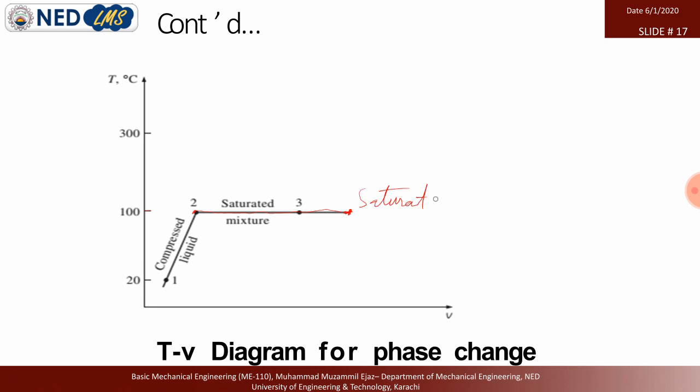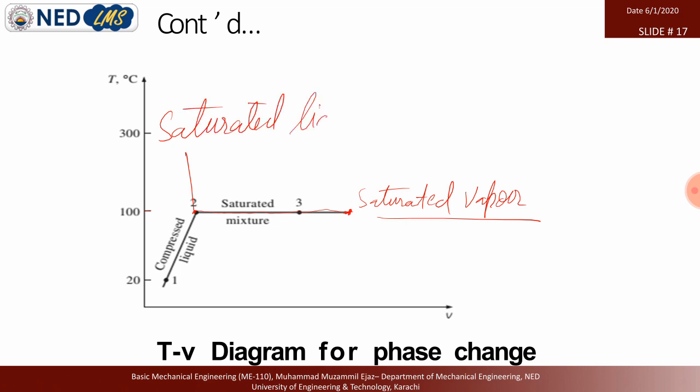Here in this point we call it saturated vapor, and in this point we call it a saturated liquid. That's why in this portion we do not only call it liquid, we put compressed liquid or subcooled liquid, because we have to differentiate this point and this point.